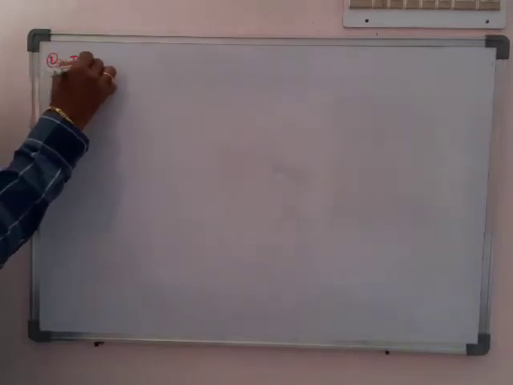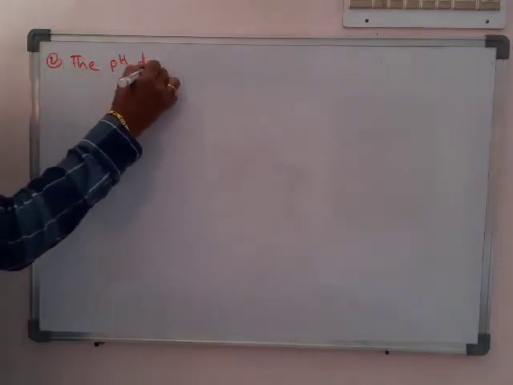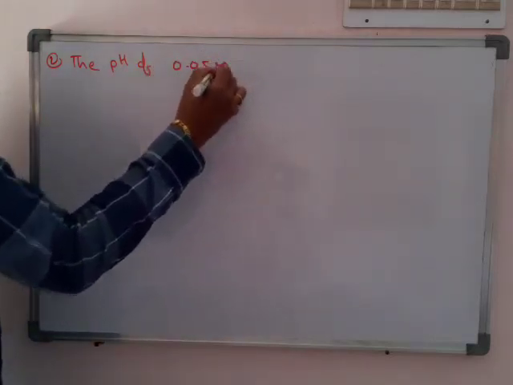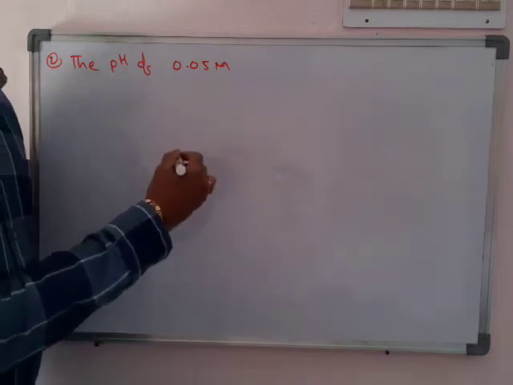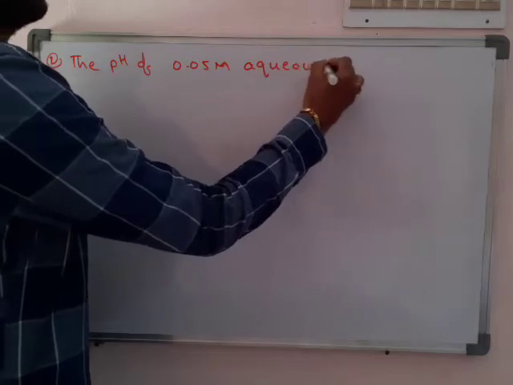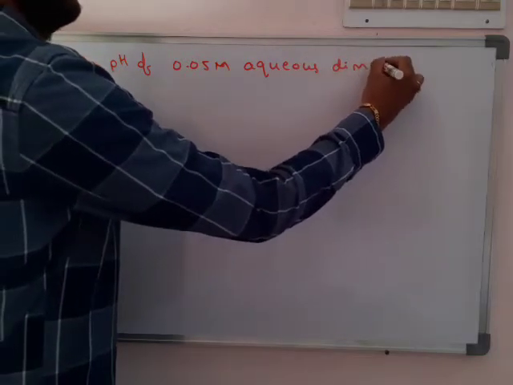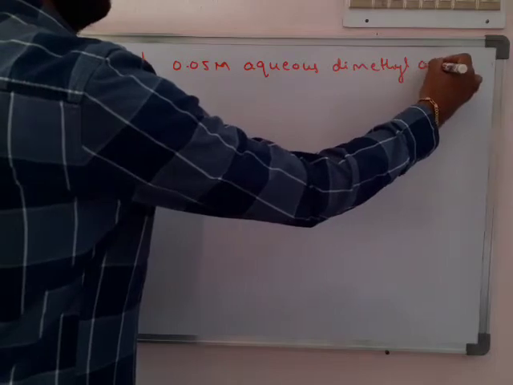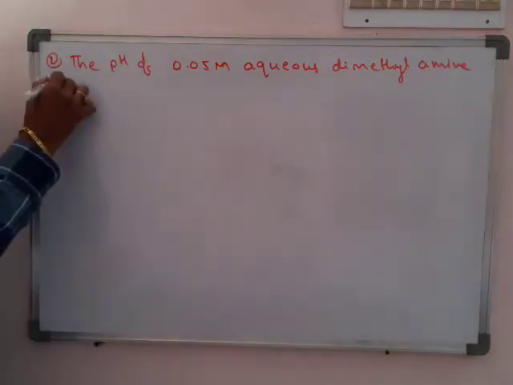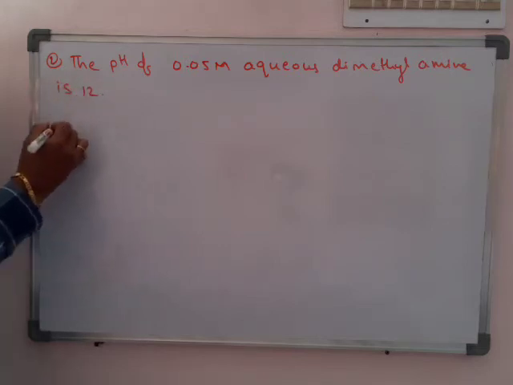So the pH of 0.05 M aqueous dimethylamine is 12. The pH is given as 12.